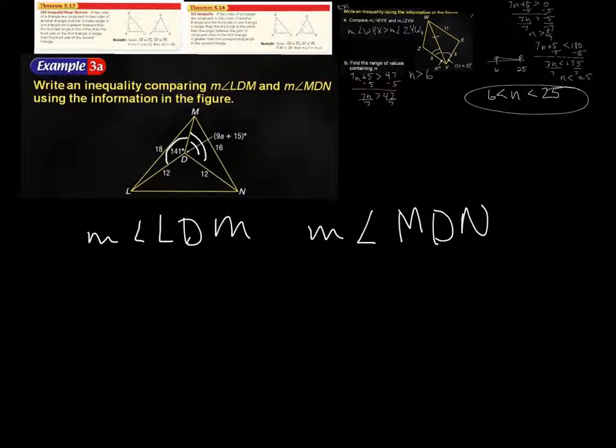They both have a side that is 12, and they both share side MD. But I am pretty confident that 18 is more than 16, so that means that angle LDM must be the greater angle.